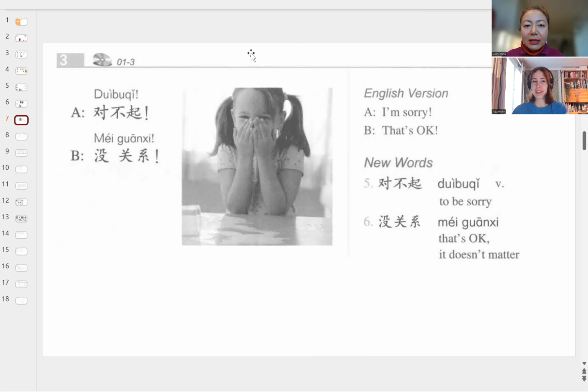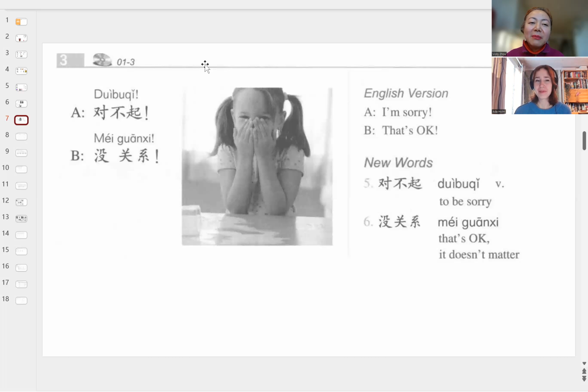What about in the metro? If you need to get off the metro and many people are crowded, can you use 对不起 to mean you want to get out? Yes, you can use this.